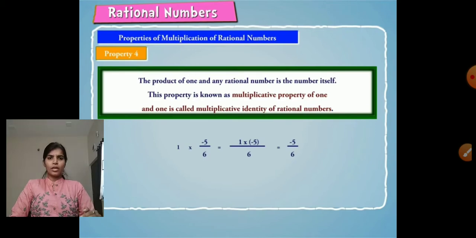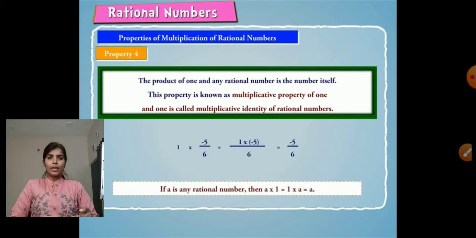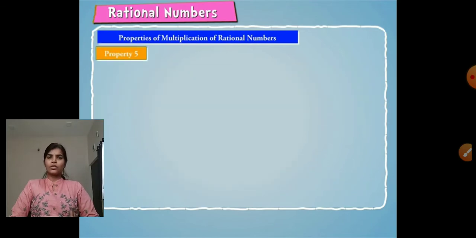This property is known as the multiplicative property of 1, and 1 is called the multiplicative identity of rational numbers. If A is any rational number, then A into 1 is equal to 1 into A is equal to A. Then the next property we will see.